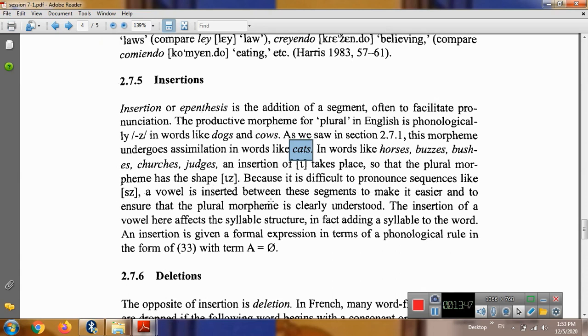A vowel is inserted between these segments to make it easier and to ensure that the plural morpheme is clearly understood. The insertion of a vowel here affects the syllable structure, in fact adding a syllable to the word. An insertion is given a formal expression in terms of a phonological rule in this form. Here we can show the insertion in this way, which is opposite to deletion.